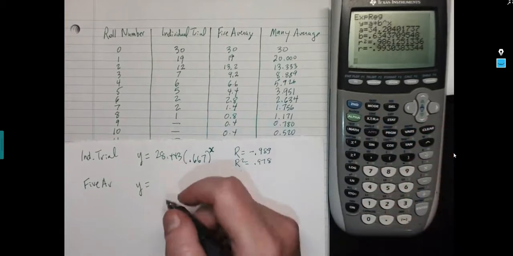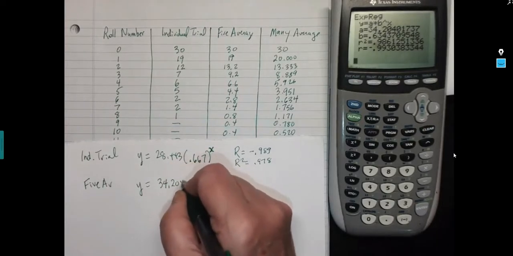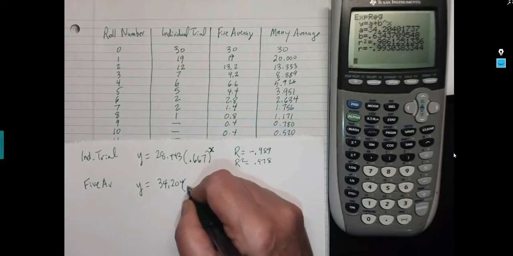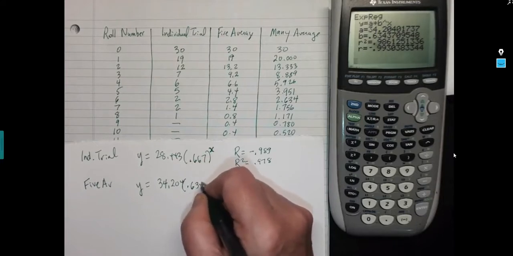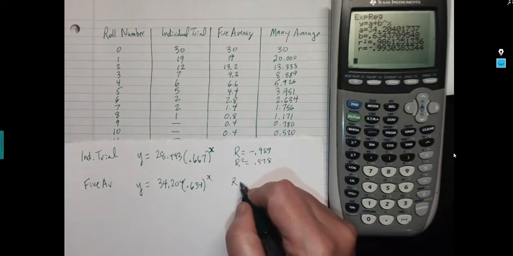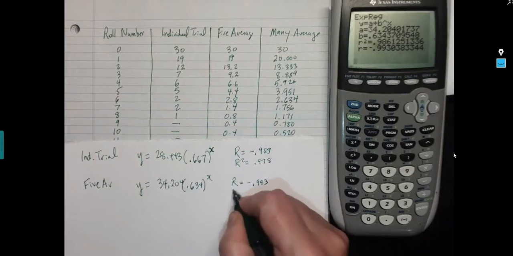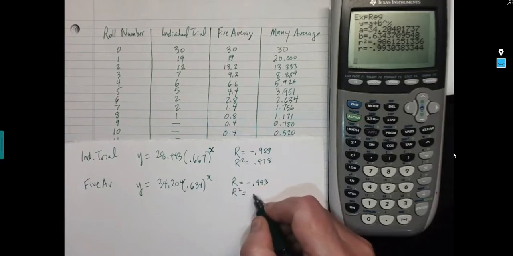Okay, so this time I'm going to have 34.204 times b to the x, and here my r is negative 0.993, and my r squared is 0.986.